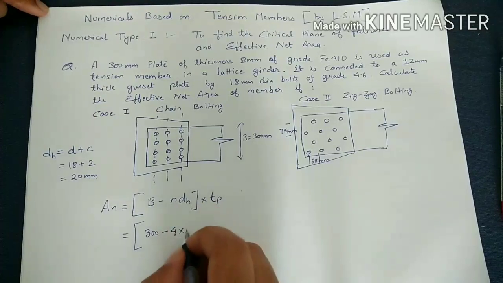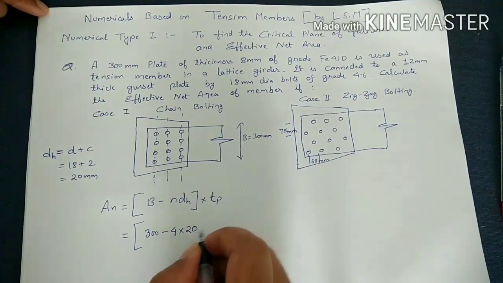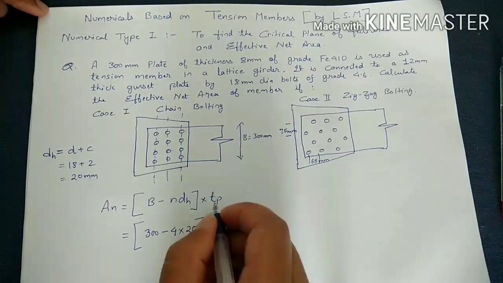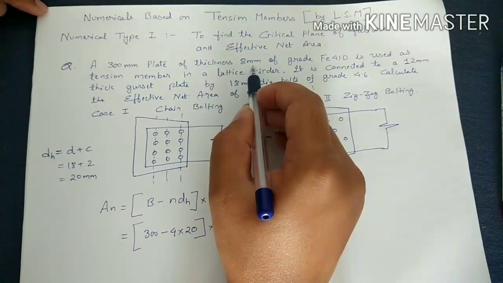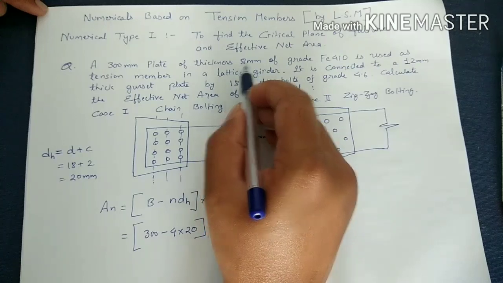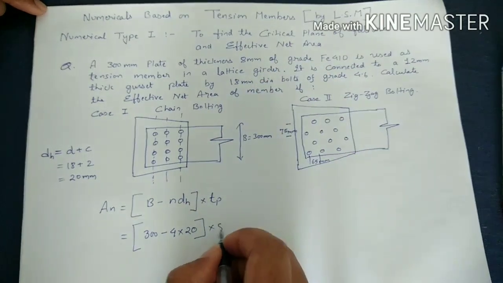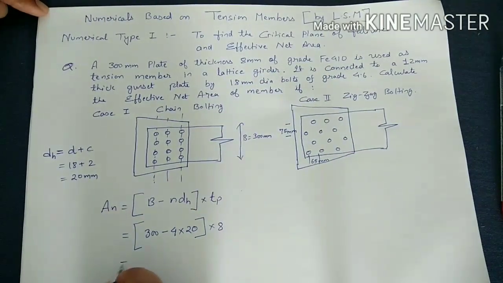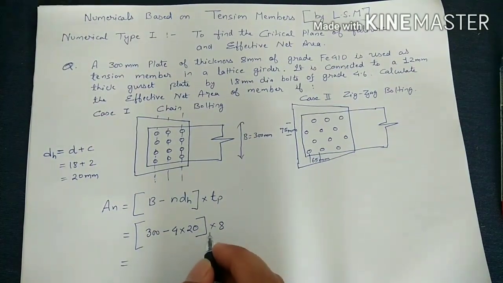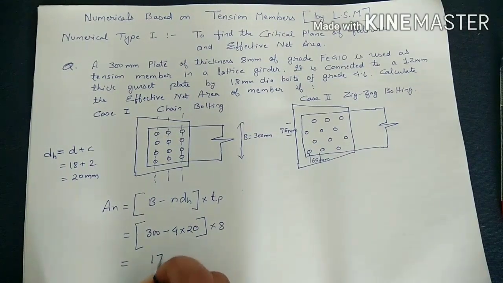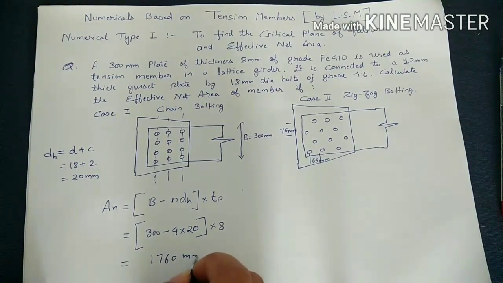So DH will be 20 mm into thickness of plate. Thickness of plate says 8 mm. Question says 8 mm. So 8. Therefore, on solving this, we get 1760 mm square.